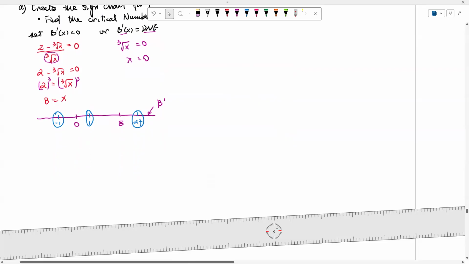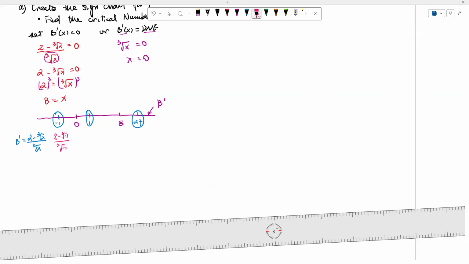Then we work with b prime. If we plug in -1 for x, we will have 2 minus cube root of -1 over cube root of -1.